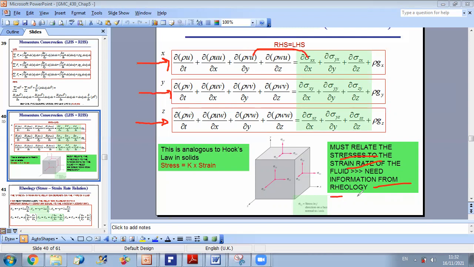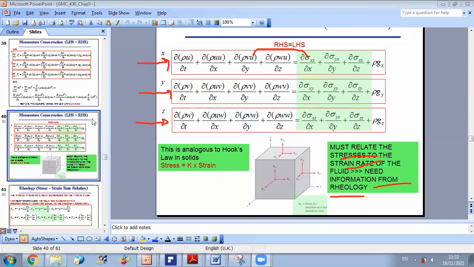Okay, now we will take together a particular example, which is the case of Newtonian fluid. If you remember at the beginning of this course, we defined several types of fluids: Newtonian, non-Newtonian fluids, etc. Okay, and we said that the property of Newtonian fluids is that mu is constant.